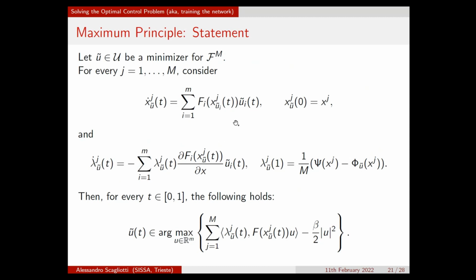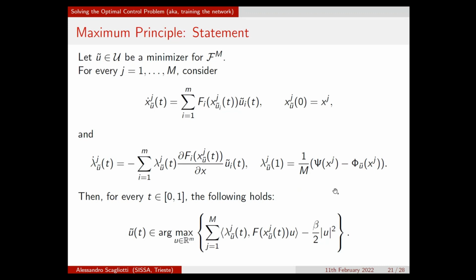What is very important, the core of this slide, is the very last part. Okay, in the very last part, we deduce that the value of the admissible control, of the minimizer, is obtained by maximizing this object.